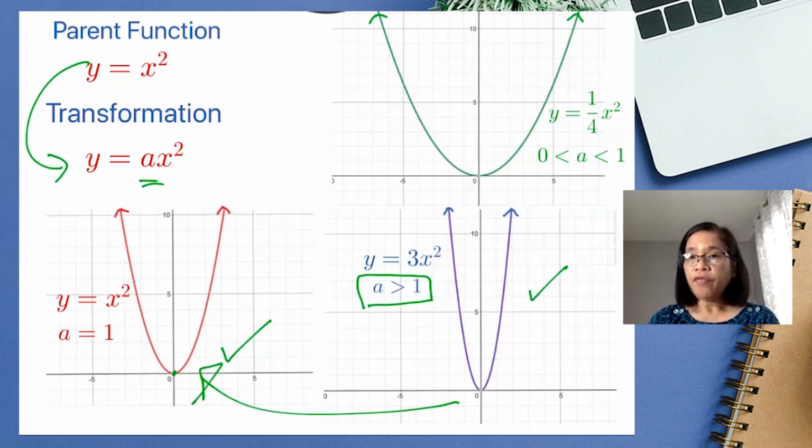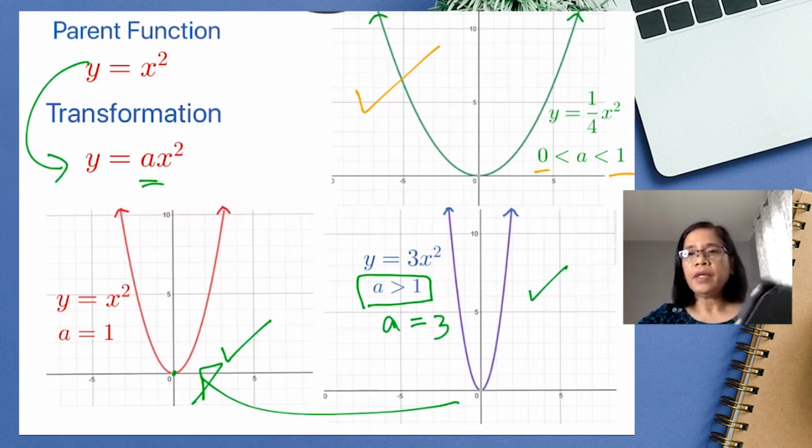Okay, so the effect of a is on the width or the opening of the parabola. As we change a from 1 to 3, the graph narrows. And if a is a number between 0 and 1, so it's a fraction, or a decimal between 0 and 1, notice the effect on the opening of the parabola.